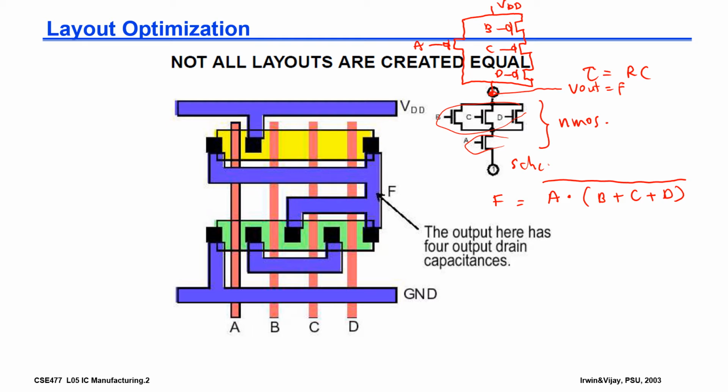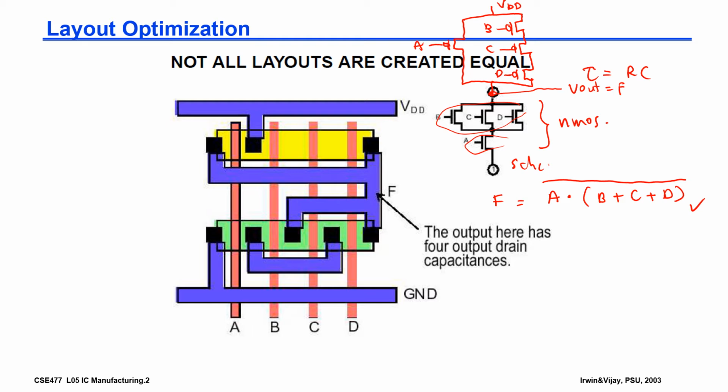So you're going to have the same function here. I will show you the second slide, but if you look at how to construct a layout, you can see you can have the same layout, but the drain delay output will be different.